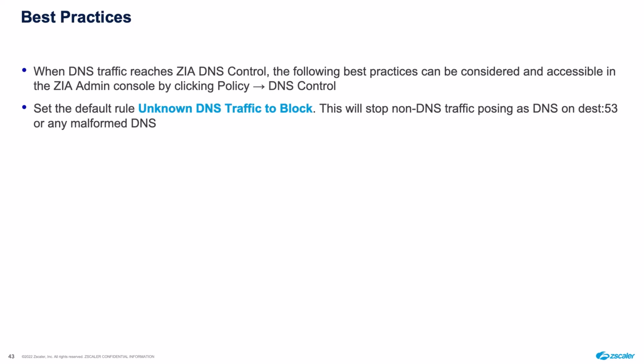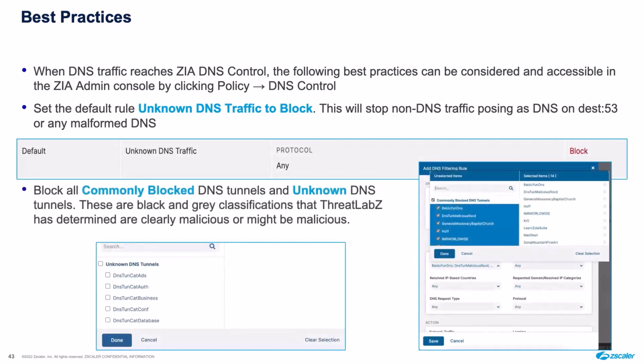Another thing is to create a policy to block all commonly blocked DNS tunnels. Unless you have a specific endpoint vendor who uses this method, it is recommended to always block the commonly blocked tunnels, as well as, obviously, the unknown DNS. These are some of the black and gray classifications that happen often.